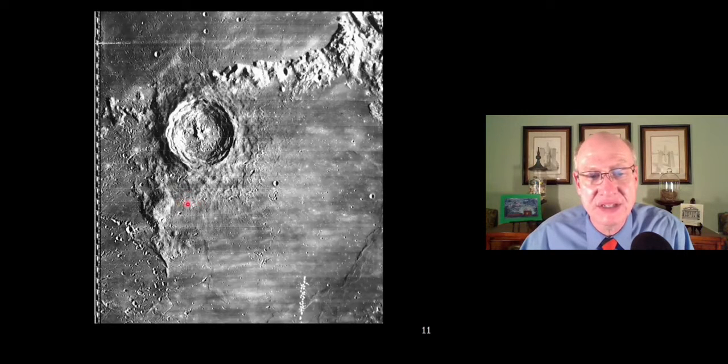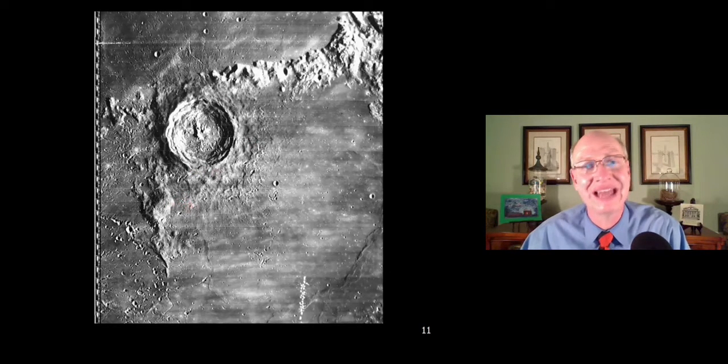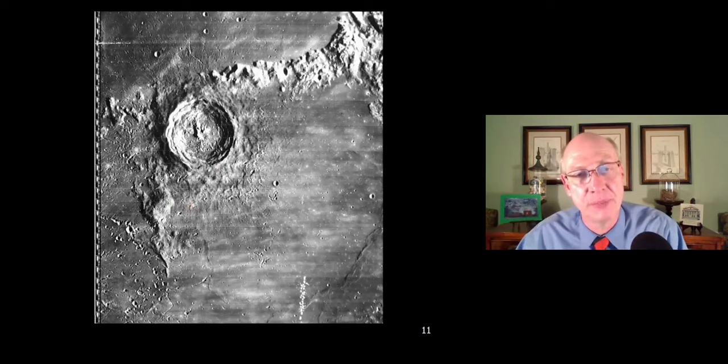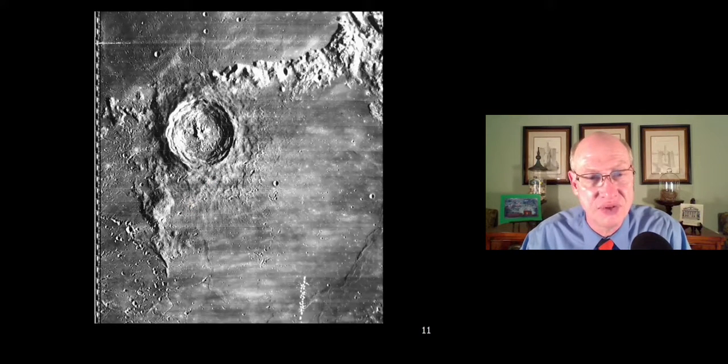But this particular set of secondary craters are in the shape of a V, and they point right back at Copernicus. What that means is that these craters were created on top of the ejecta, which means that Copernicus had to come after Eratosthenes. Eratosthenes was here first, and the craters from Copernicus landed on top of Eratosthenes. So Copernicus is the younger of the two.